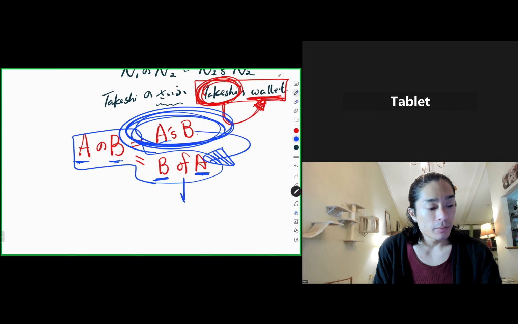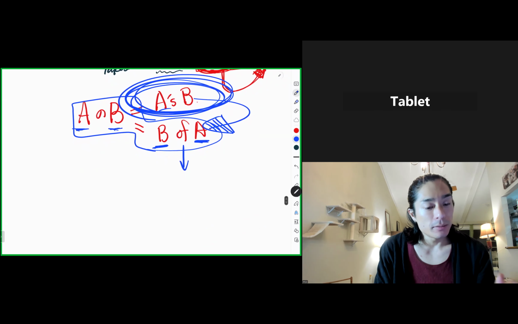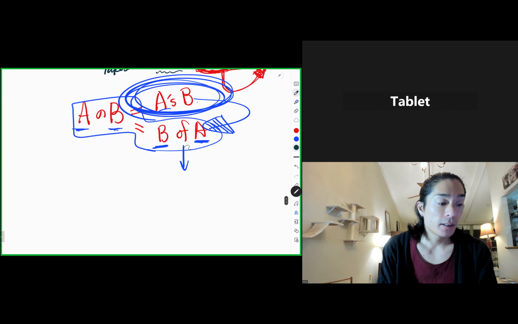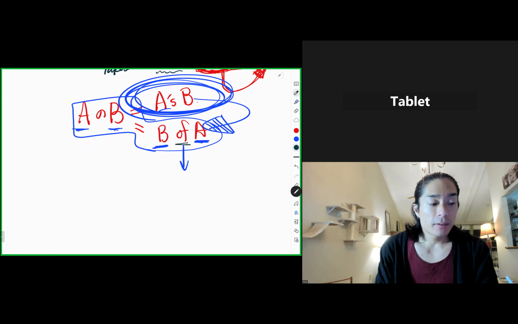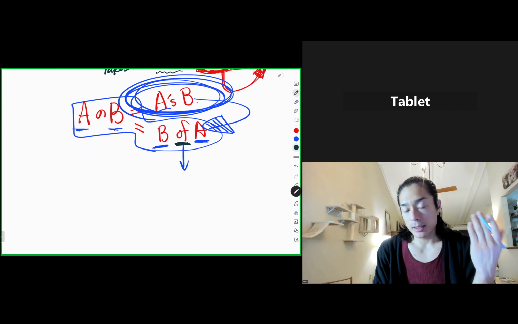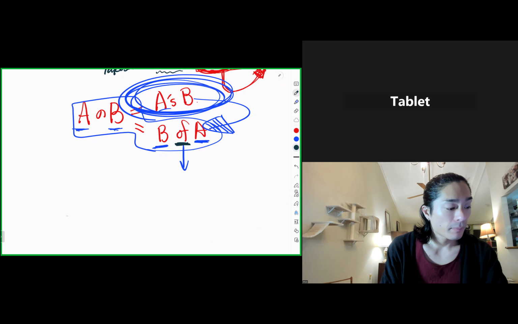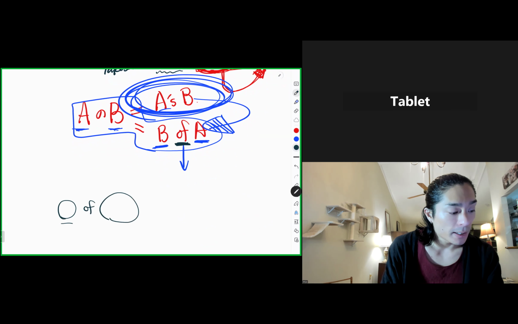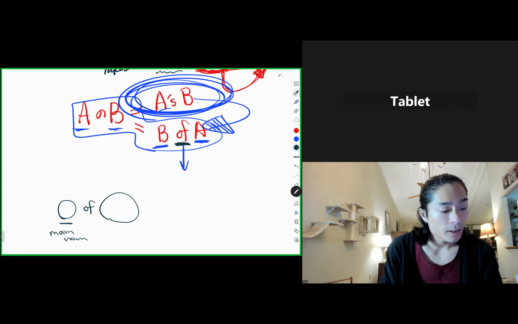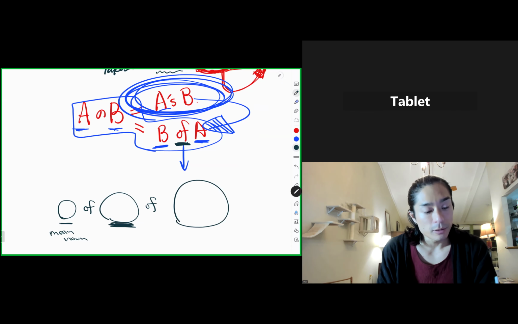I don't want you to get confused, but again, analyzing English first, right? With "of." Of is basically, we start with the main noun, and then we use other more vague nouns to explain more about it, right?